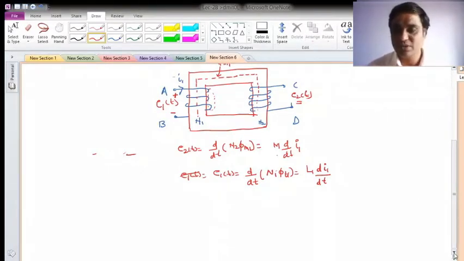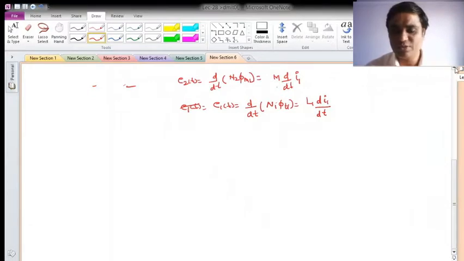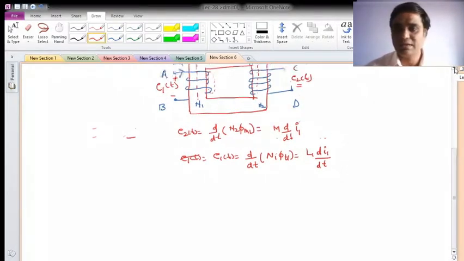Okay, so now my question is what will be the polarity of C and D, that I have to decide. And these polarities will be your instantaneous polarities, right? Now these polarities can be decided by the use of Lenz's law. What Lenz's law says is that EMF is induced in such a way that it will try to oppose the cause for which current is due.